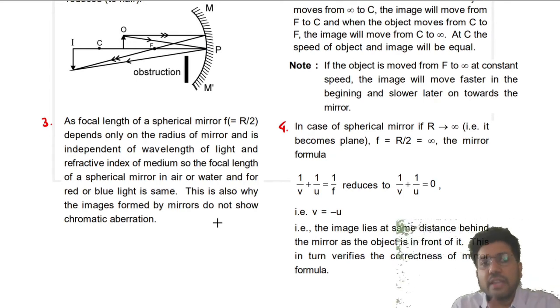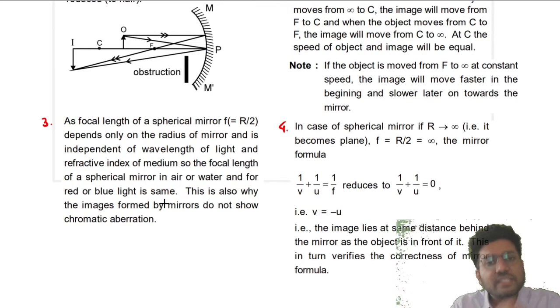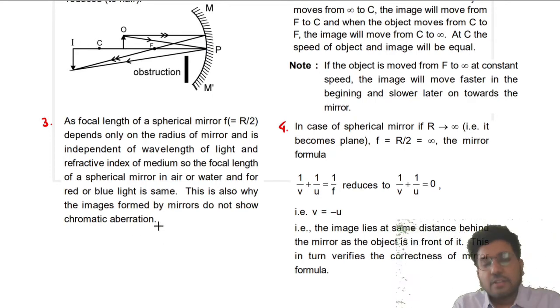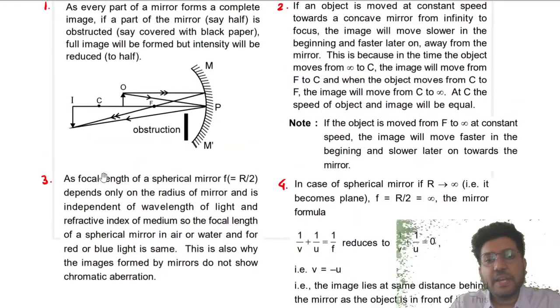If there is blurriness in the image because the refractive index or the focus is changing from one medium to another, then that type of defect in the image is called chromatic aberration. Lens shows both chromatic aberration and spherical aberration, but mirrors only show spherical aberration. It does not show chromatic aberration because its focus is the same whether it is in air or in water or in any other medium, right?